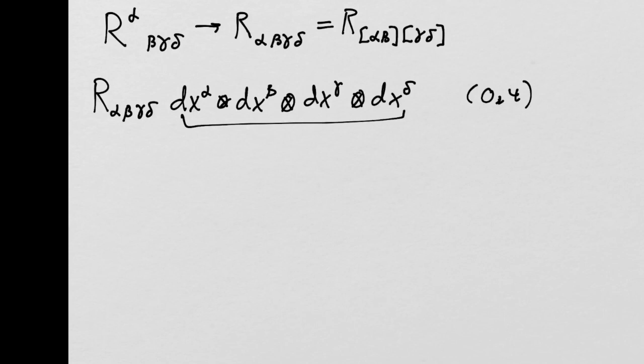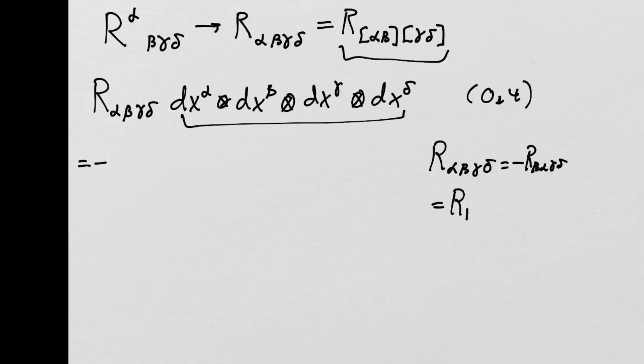And what we know, because we know this from the work done previously, is that R alpha beta gamma delta equals minus R beta alpha gamma delta, and it also equals R beta alpha delta gamma, where I switch these two and these two, so the two negative signs cancel. But I know about that form of symmetry.